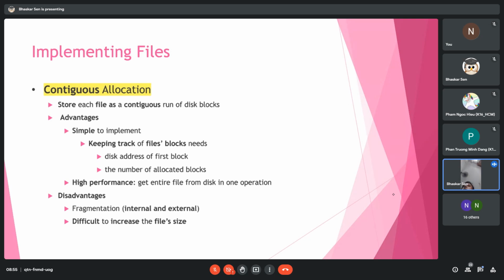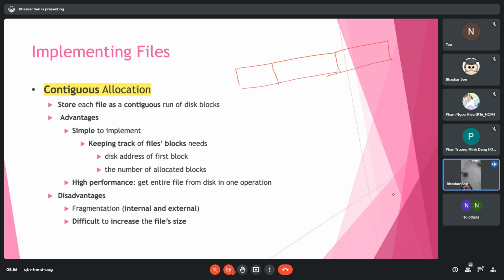So we talk about contiguous allocation. It's all about how you implement your files. The way you implement your files is simply, the first option is contiguous allocation.